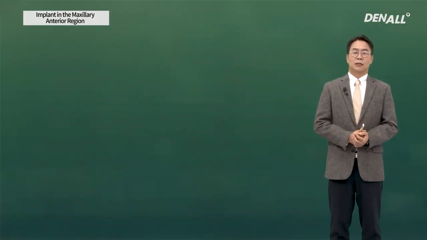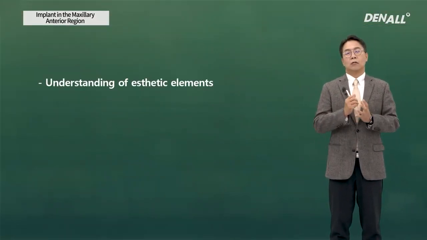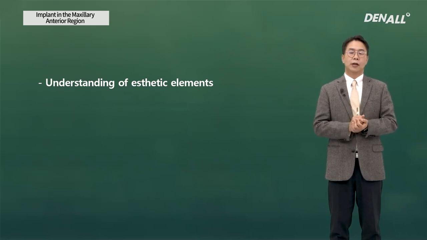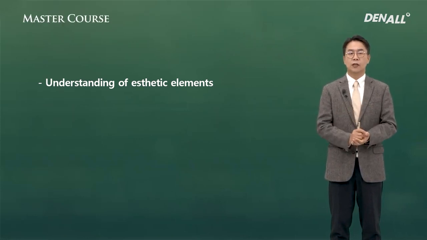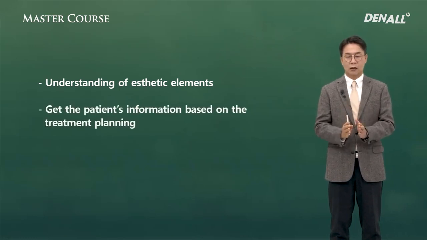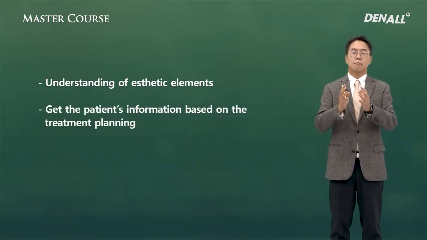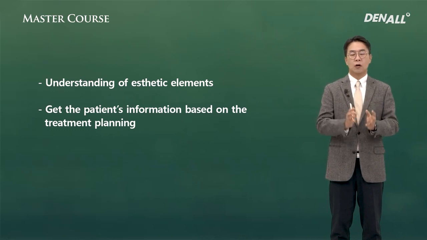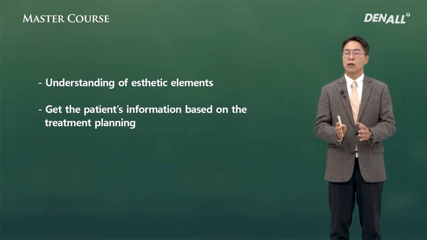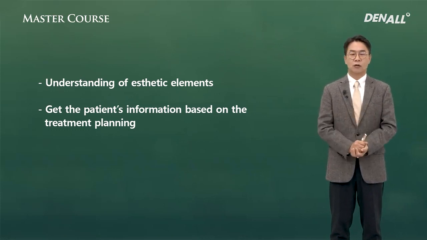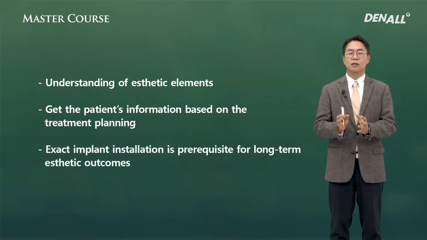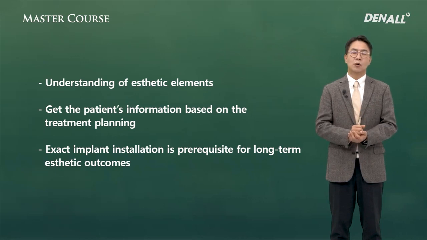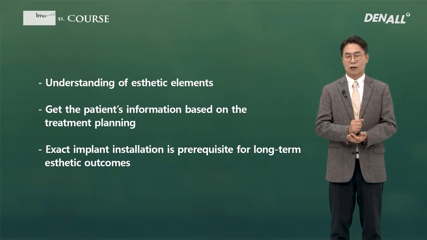In the anterior maxilla, we need to understand the aesthetic elements. Based on that, we need to obtain a lot of information from a patient, and we really need to concentrate our efforts to establish a treatment plan based on such information. The most important part when it comes to the implant treatment planning is, as I said before, the positioning.